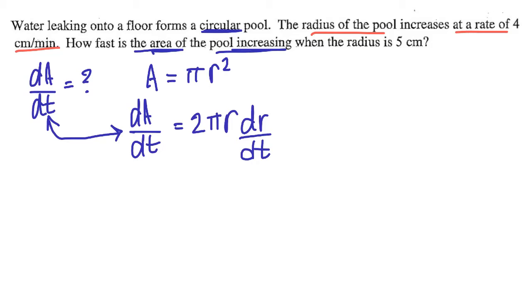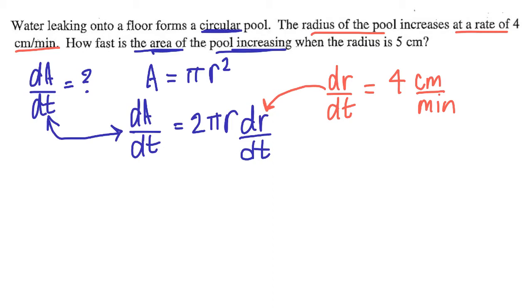So I would say that that's going to be a dr over dt. It's the rate that the radius is changing. So dr over dt is going to be 4 centimeters per minute. Okay, so that's dr over dt, which can be plugged in right here.